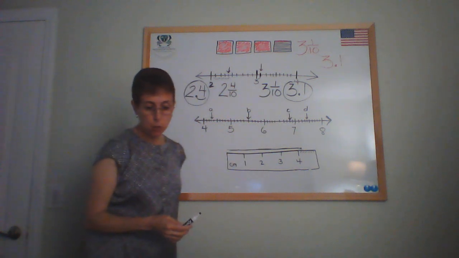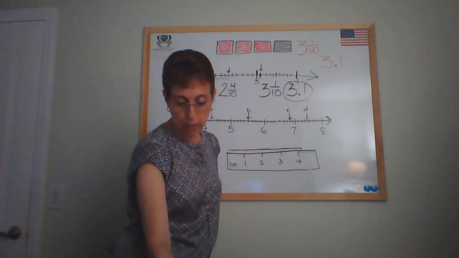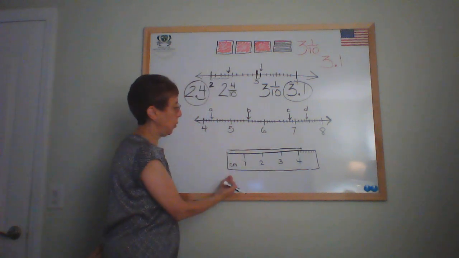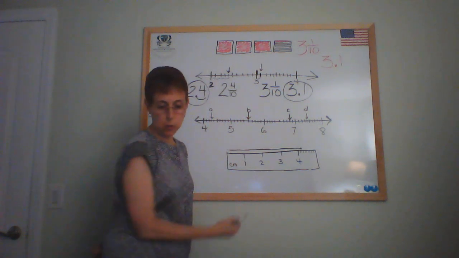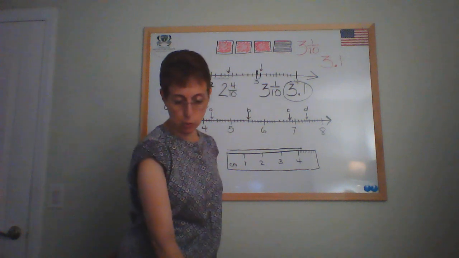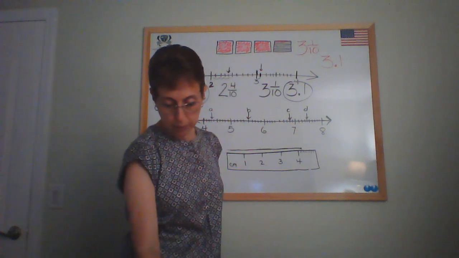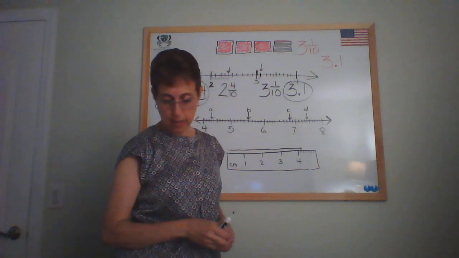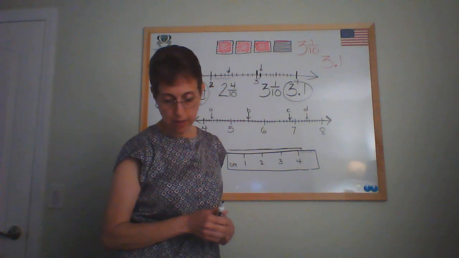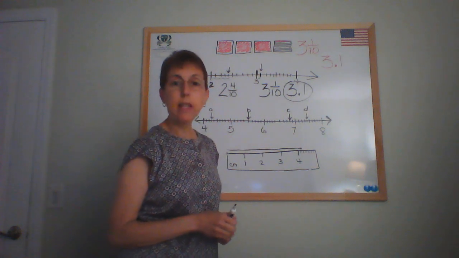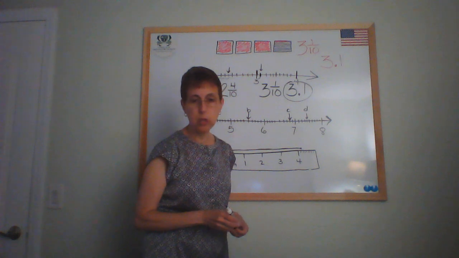Okay, if you go further down on your page, they show you a centimeter ruler. So let's take a look at that centimeter ruler. That's down on example 1. It says to find the length of this segment to the nearest tenth of a centimeter and write the length as a decimal number.